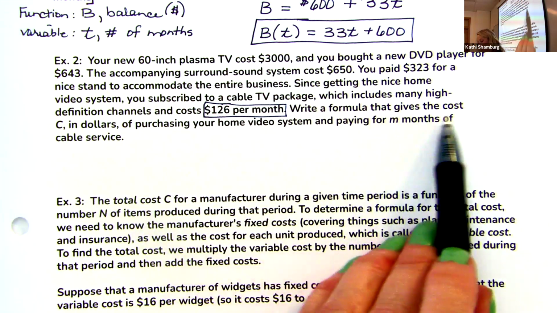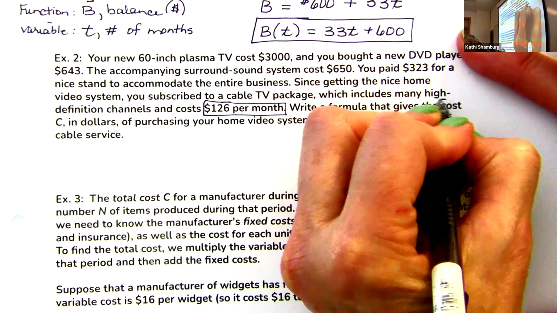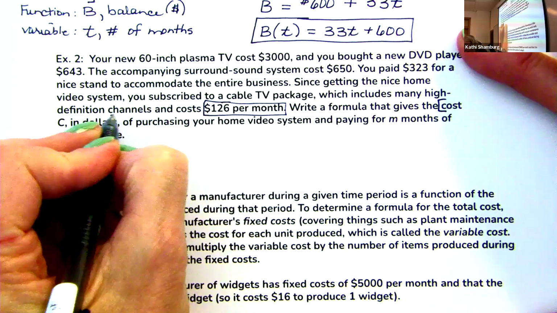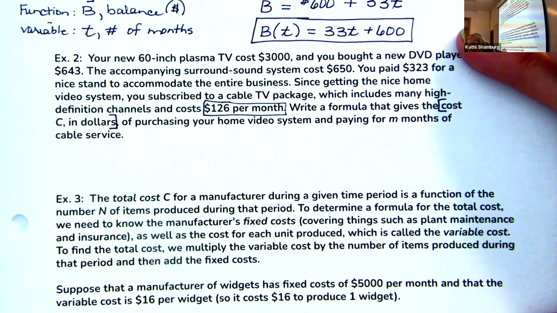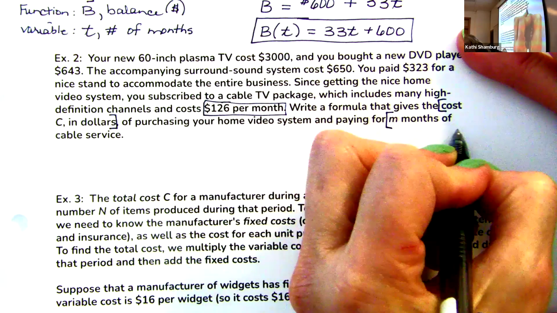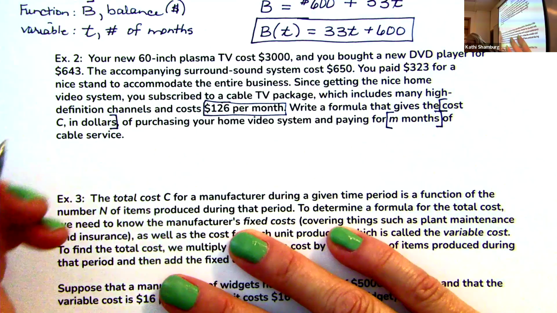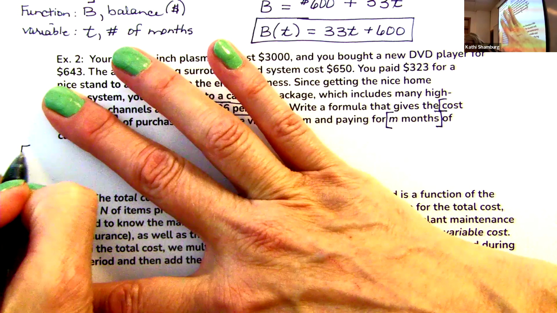Write a formula that gives the cost C in dollars of purchasing your home video system and paying for M months of cable service. So there is my function and my variable.